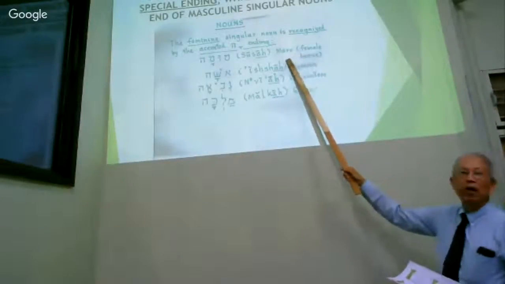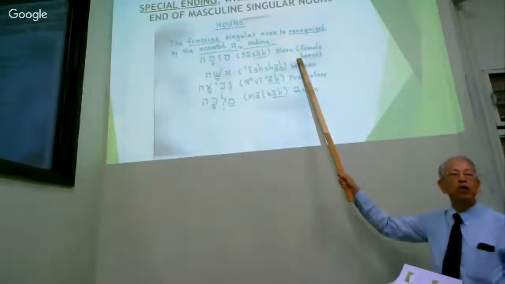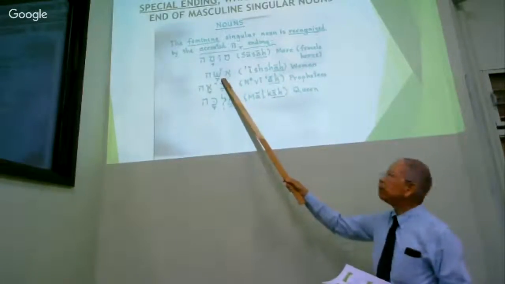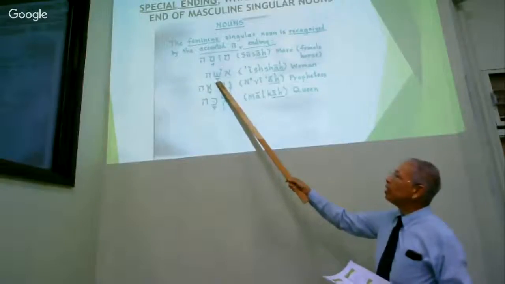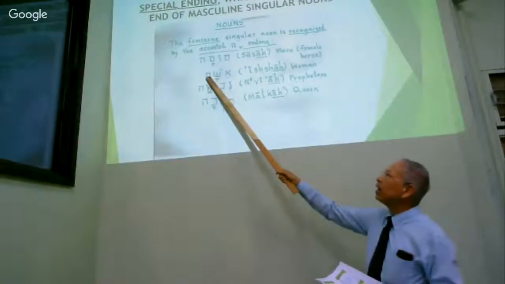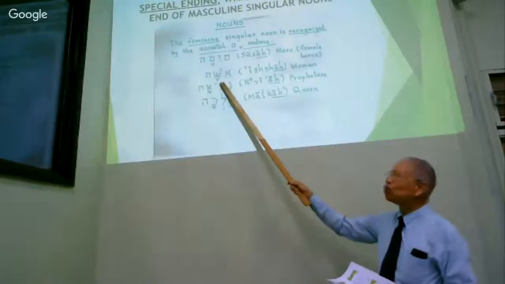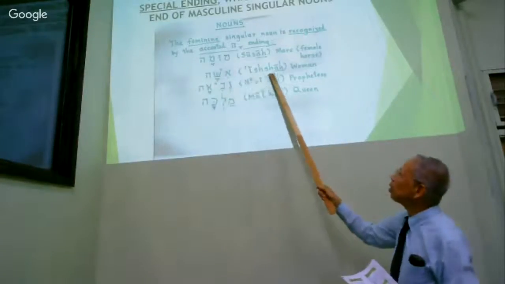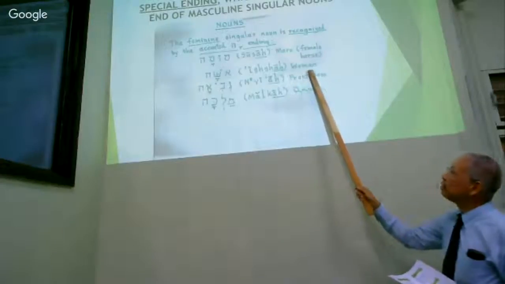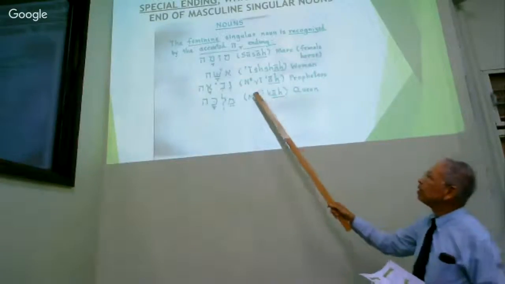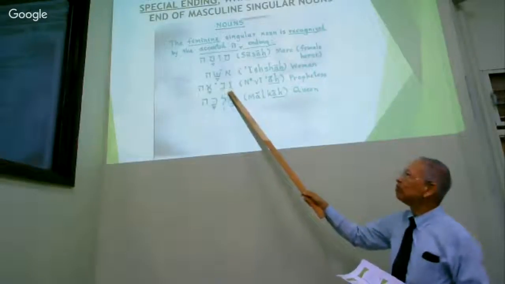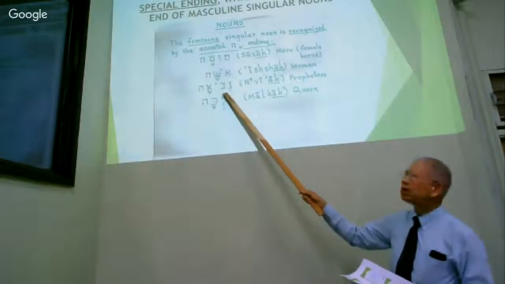Okay, so Susa is mare, M-A-R-E, which means a female horse. Ish is man, but when you add commas A and A to Ish, it gives you Isha, which means woman. Navi is prophet.